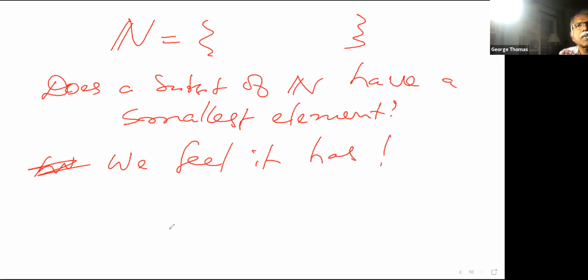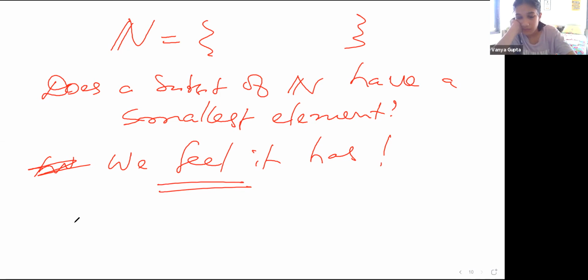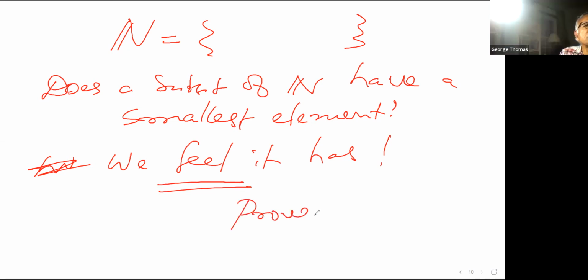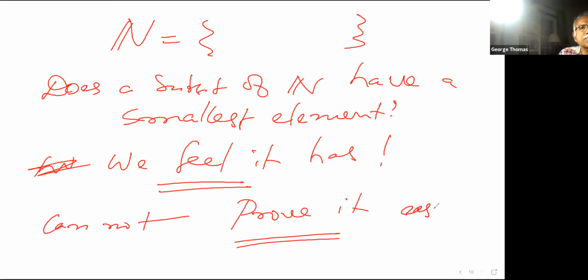Don't you agree? If somebody gives you a whole bunch of integers, don't you think there is a smallest one in there? If somebody gave you 10,000 integers, we don't know what they are, they are all positive integers, don't you think there is a smallest one in there? Yes. We feel it, but we cannot prove it. Do you know that you cannot prove it easily?